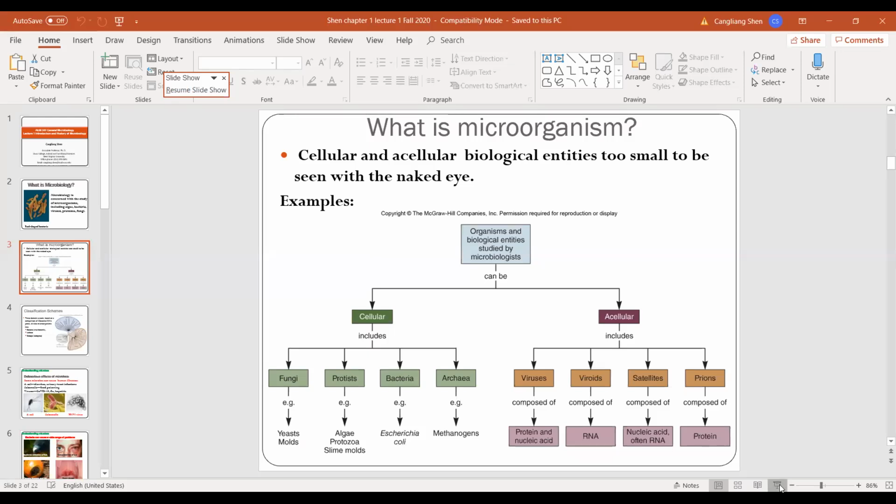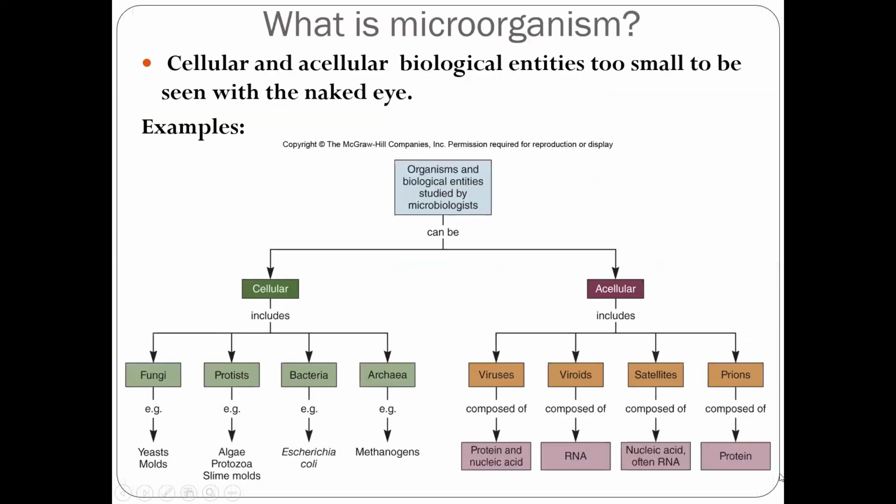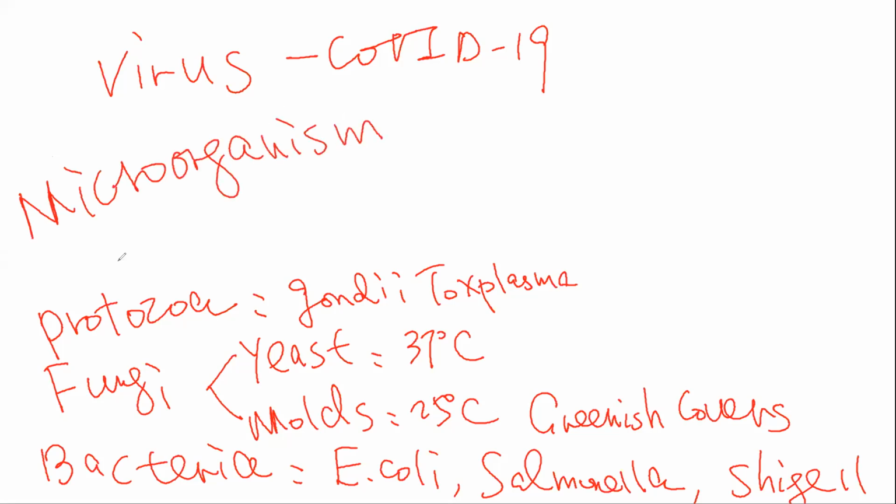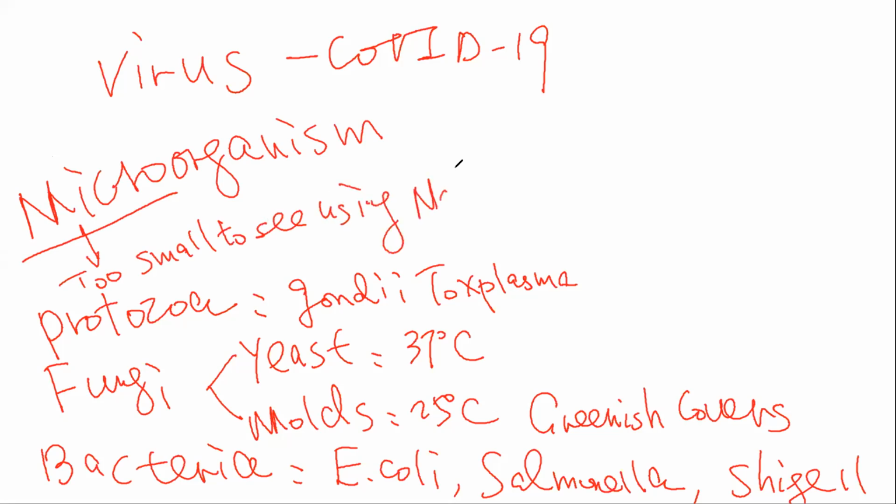So these slides tell you what is microorganism. Now microorganism means it is very small. Now here is some other things I forgot to mention. We can also draw here. So this is microorganism. This micro means it is too small to see using the naked eye.